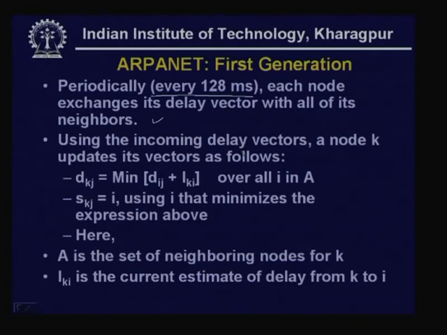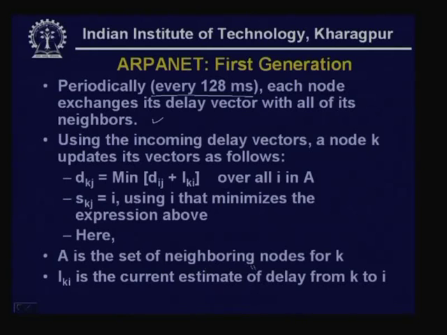And using the incoming delay vectors, a node k updates its vectors as follows. So it finds out the minimum delay path for all i in A, using Skj equal to i, using the i that minimizes the expression above. So that minimum value is calculated.